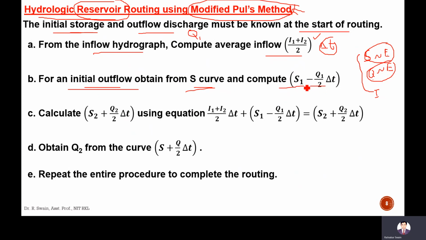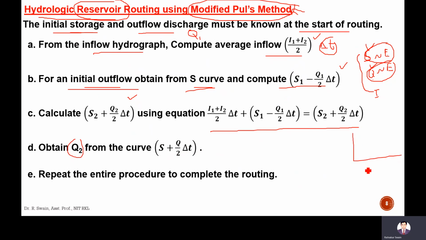So we can compute S1 minus Q1 by 2 delta T. Now S2 plus Q2 by 2 delta T can be calculated using the hydrologic routing equation. Next, Q2 can be obtained from the curve of S plus Q by 2 delta T. If we know S and Q with this elevation, then S plus Q by 2 delta T can also be determined.